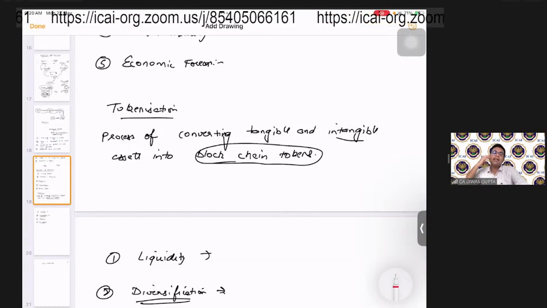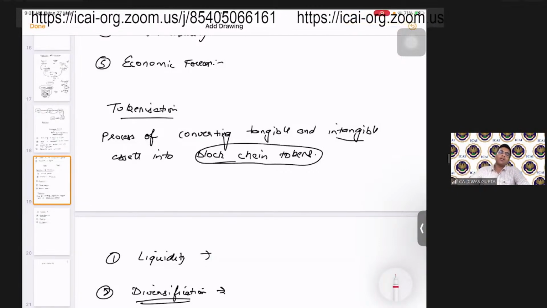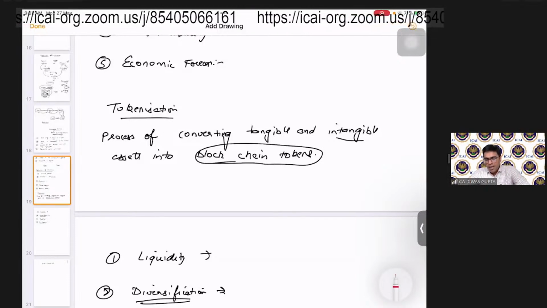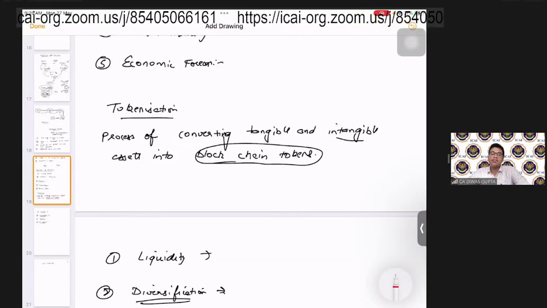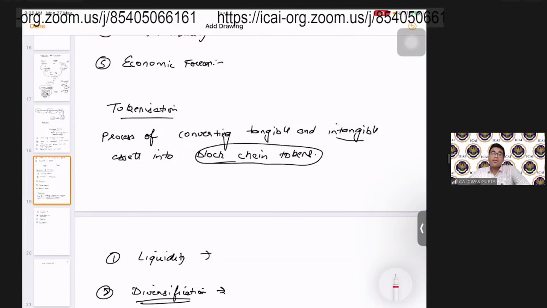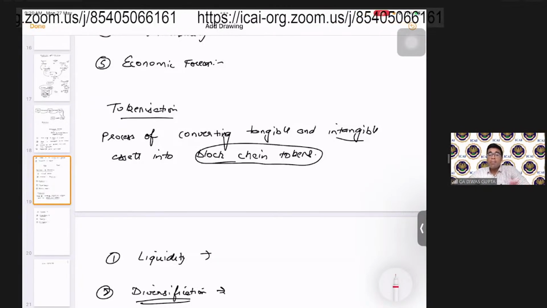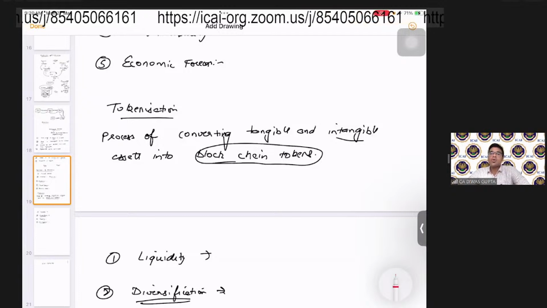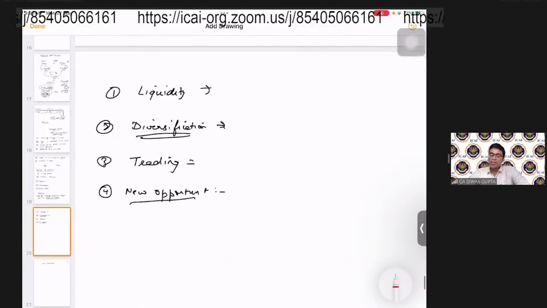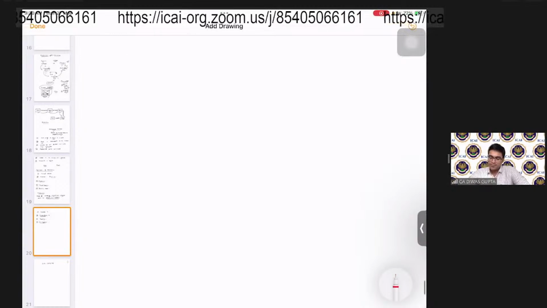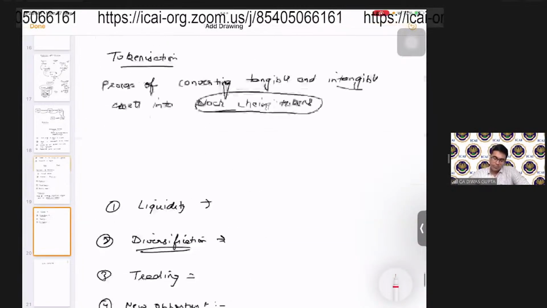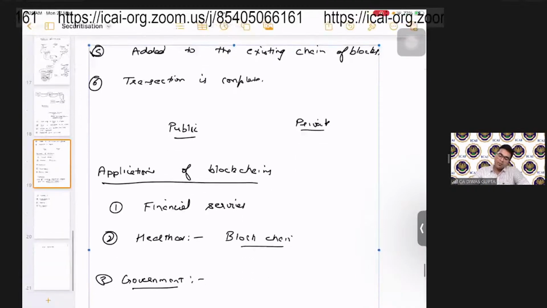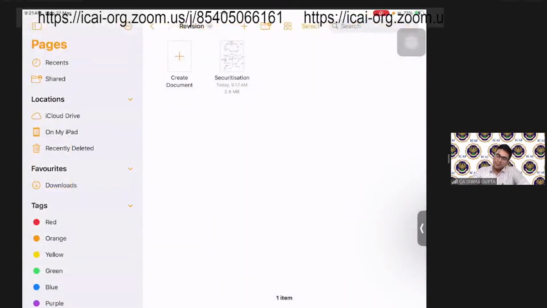So in a way, what you have done, you have actually converted that tangible or intangible asset, which was not really a liquid one, to a marketable security in the form of a token. And hence it is called tokenization, which is very much similar to the securitization part. I think this is a very brief on the securitization piece.